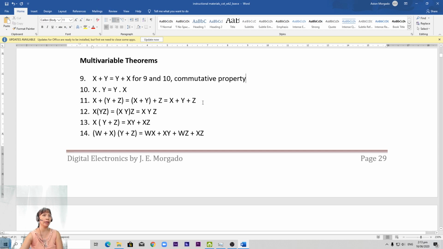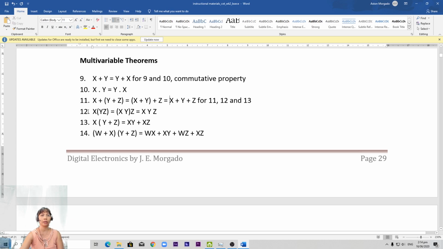Whereas for 11, 12, and 13, what do you call that property? So x plus open parenthesis y plus z close parenthesis is equal to open parenthesis x plus y close parenthesis plus z is equal to x plus y plus z.